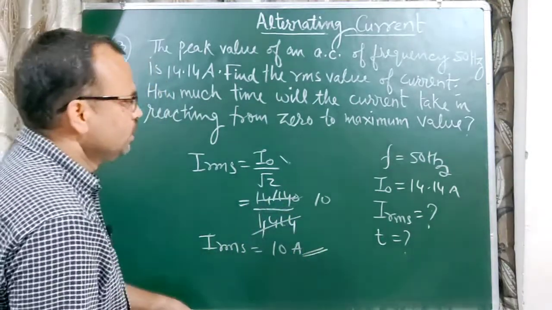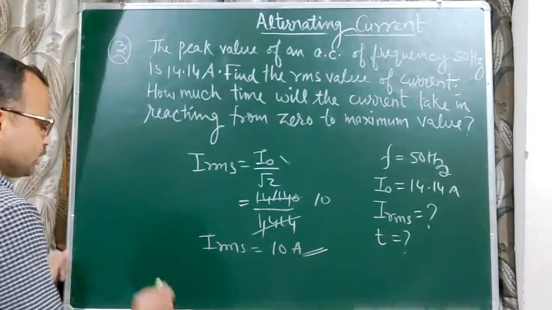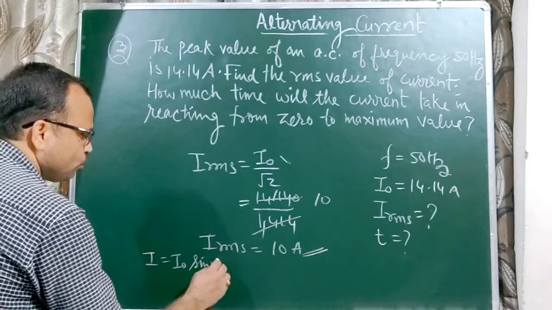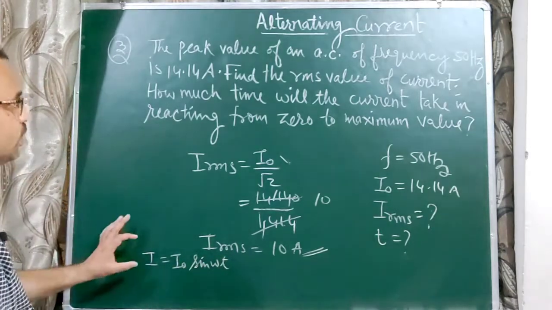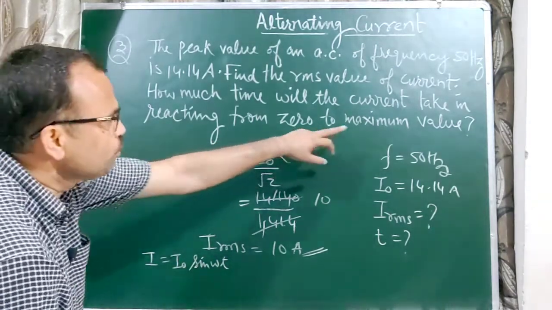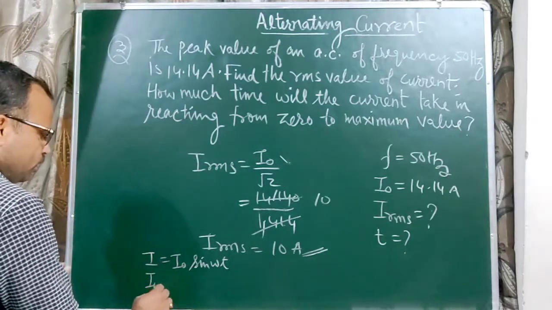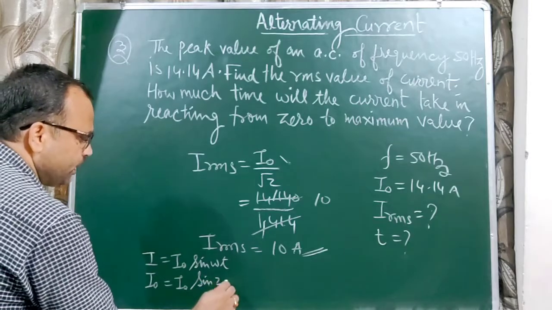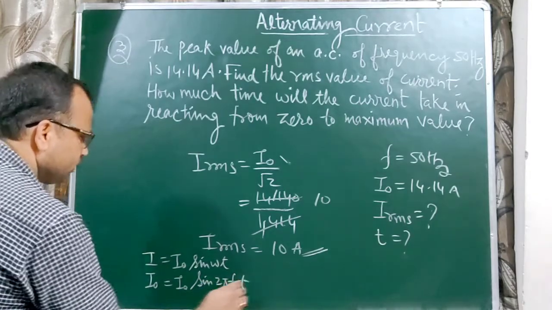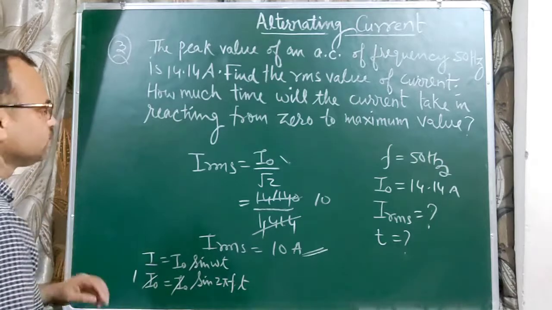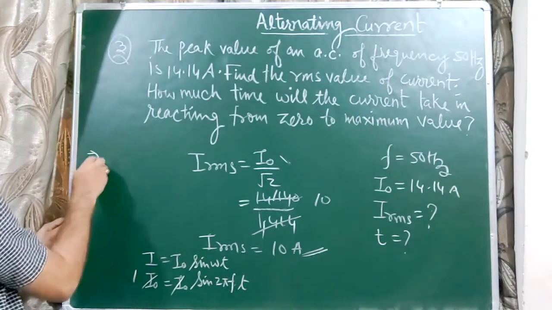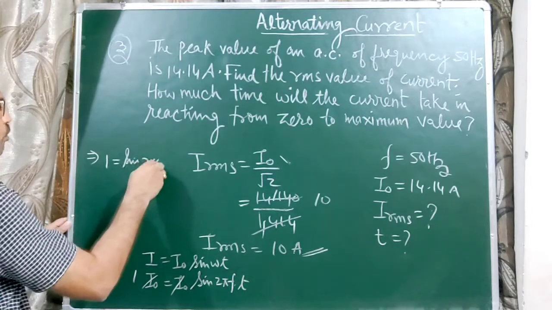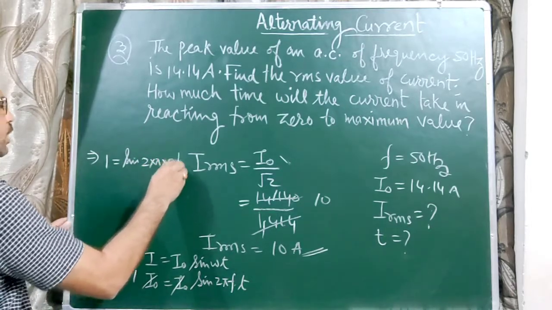Okay, now find the value of t. As we know that I equal I naught sin omega t. Reaching from 0 to maximum value means I equal to I naught sin 2 pi f t. This I to I cancel, means 1. So this implies 1 equal to sin 2 into pi into 50 into t.